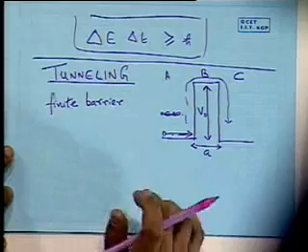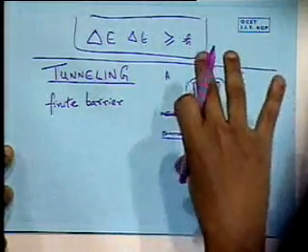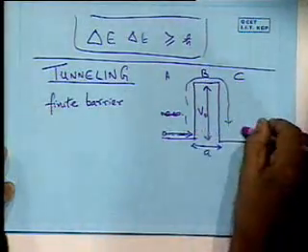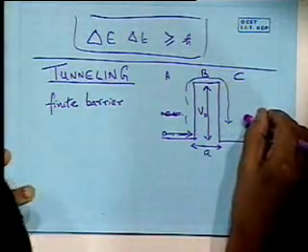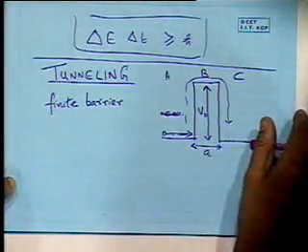So classical mechanics tells us that for a finite width and finite height, if it's high enough, the probability of finding the electron in C region is practically zero.